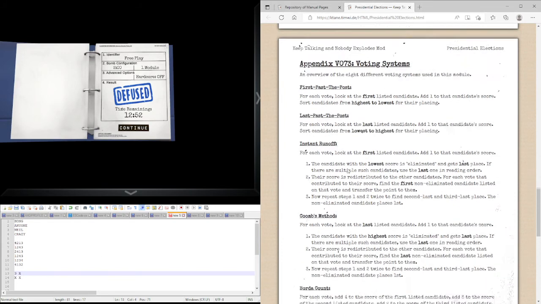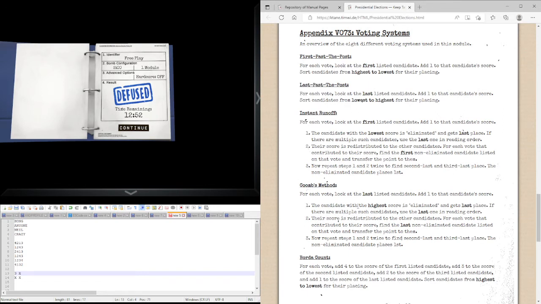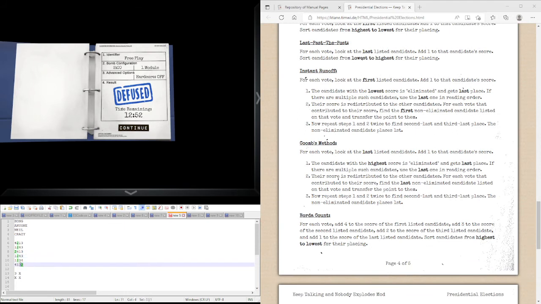So hopefully you understand how those two work. They're basically the same. It's basically you eliminate one, you give the scores to other people depending on which ones they won, basically. So say if 4 got eliminated for this one, the points would be transferred to number 1.